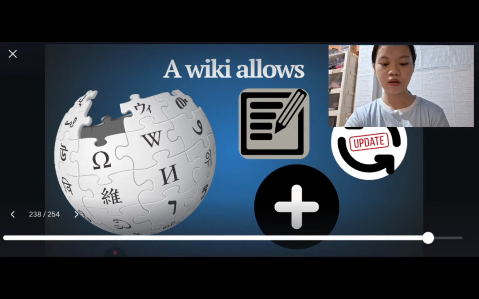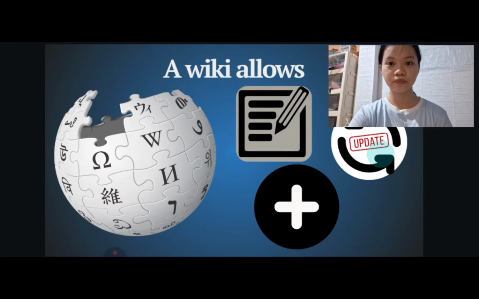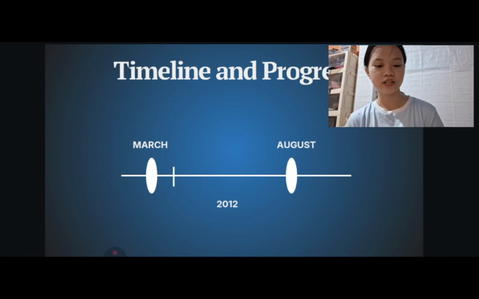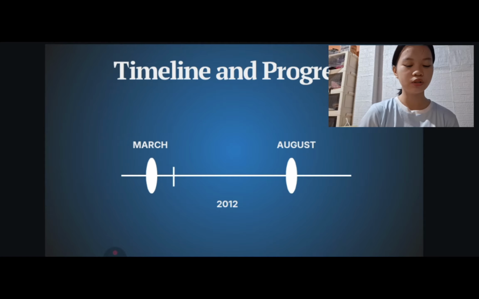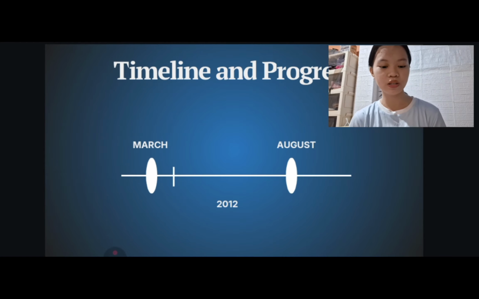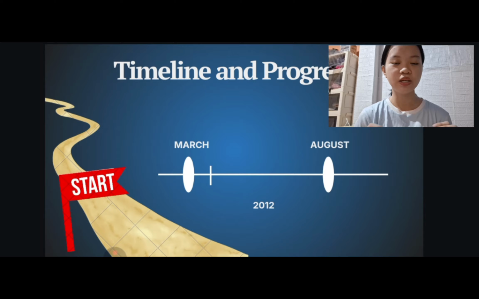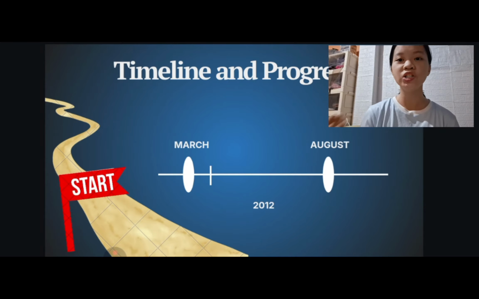Now moving on, let's talk about the timeline and progress. So the first contributions to the language list were submitted between March and August 2012. Now this period is so important because it marks the beginning of the global effort to collect information literacy resources in multiple languages.